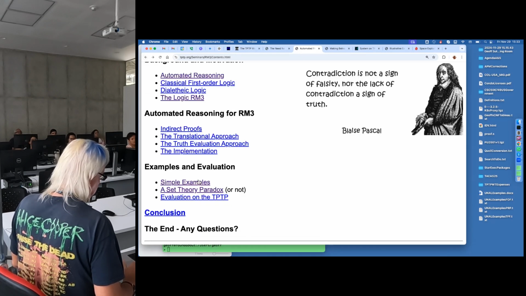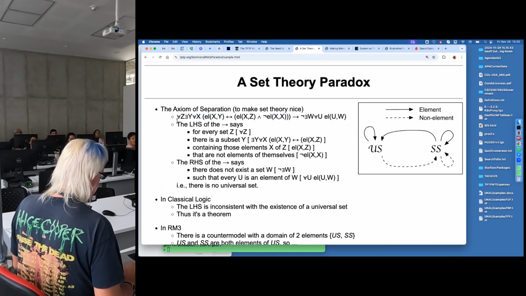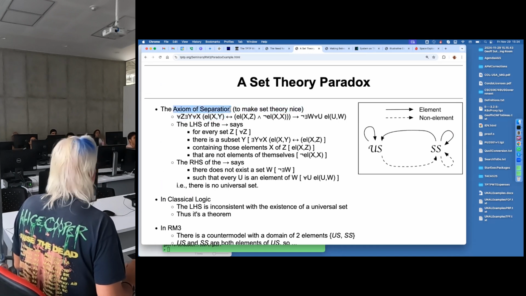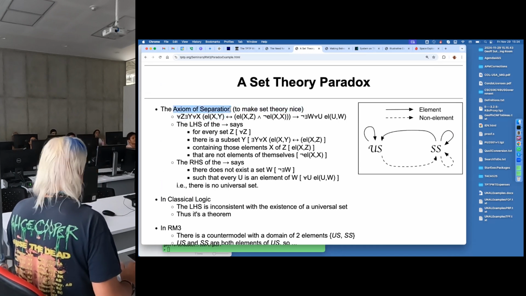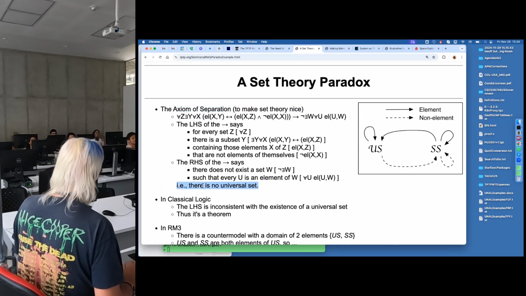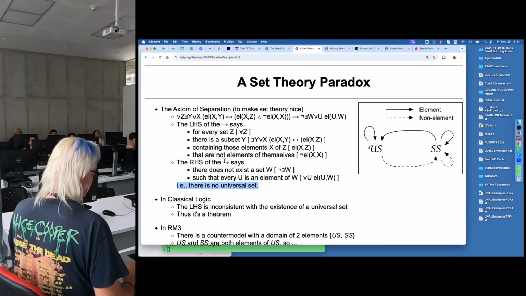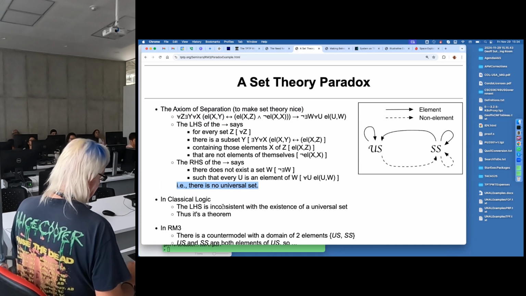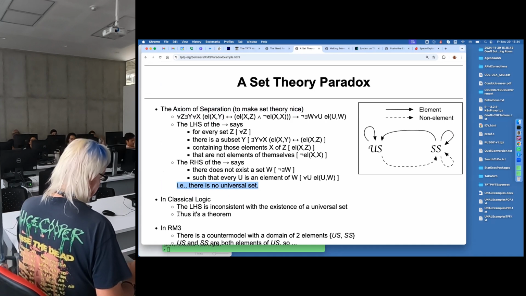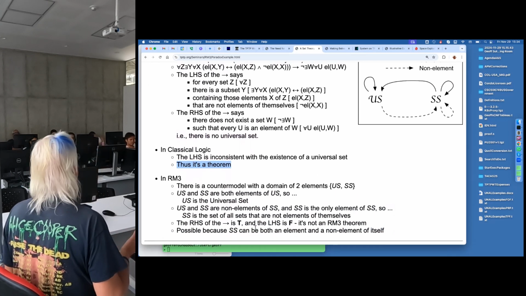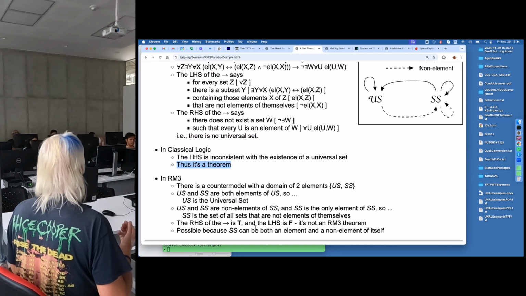For people who are interested in set theory, you might know the axiom of separation, if you're into mathematics, all right, which says there is no universal set. There is no set that contains everything, all right? And so in classical logic, you can prove there is no universal set. In three-valued logic, you cannot prove it because you can have sets that contain themselves.